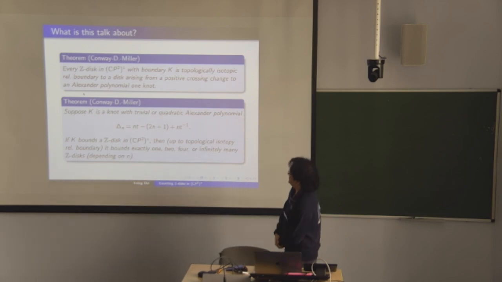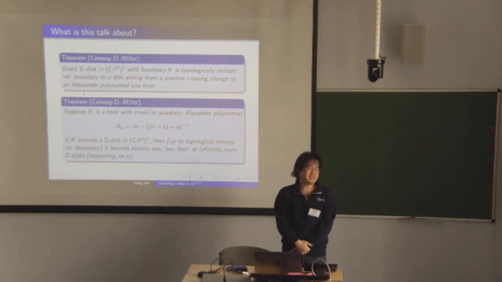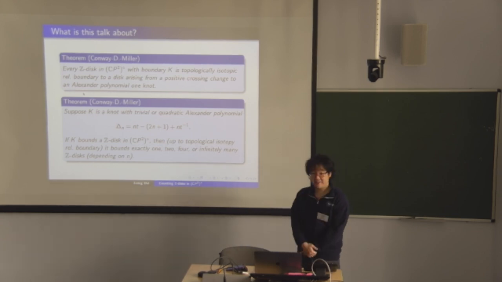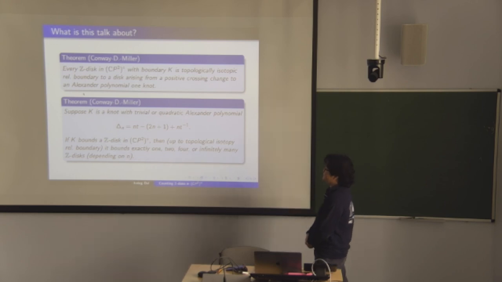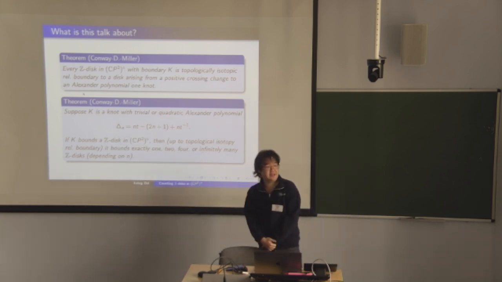And in fact, if I give you a knot, can I explicitly say how many topological isotopy classes of Z disks there are? We managed to enumerate them explicitly in the simplest cases.